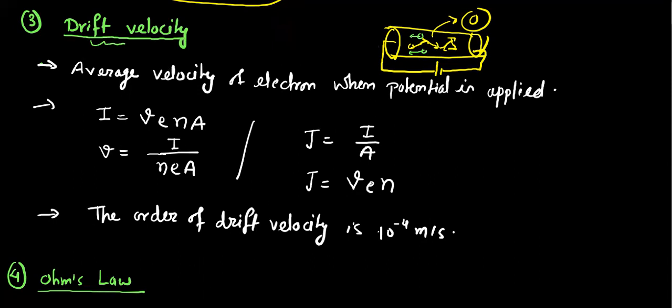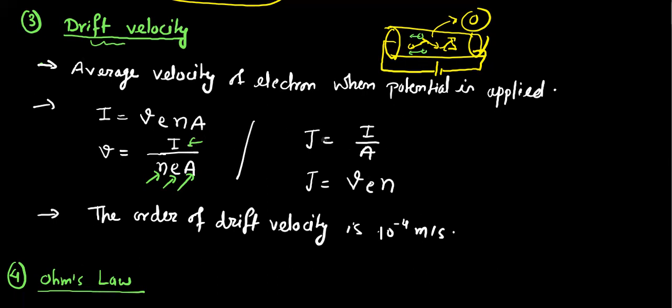The mathematical expression for drift velocity is I upon nEA, where n is charge concentration, e is the charge of an electron, A is the cross-sectional area, and I is the current flowing through the conductor.